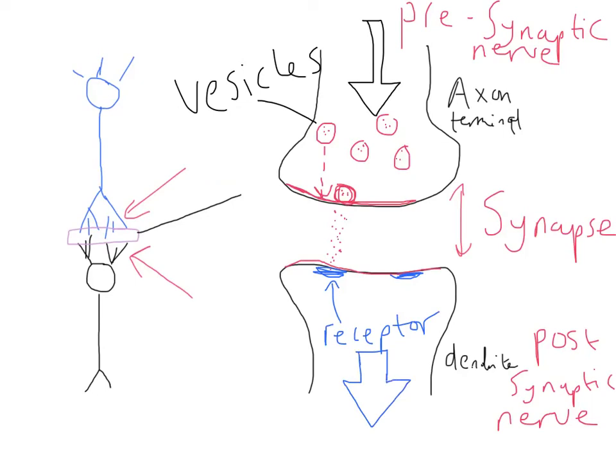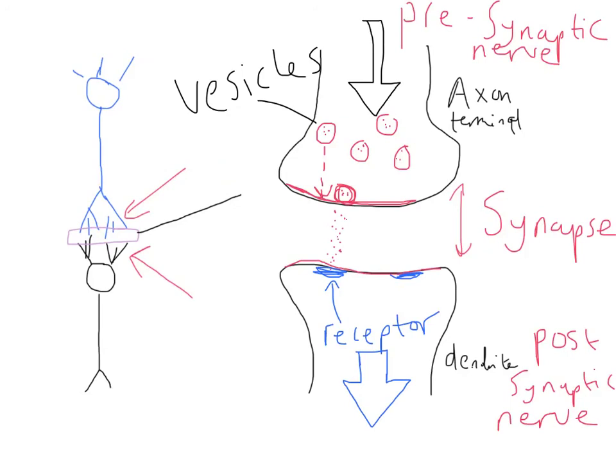and then continue on. So just to recap, the impulse would travel down the presynaptic nerve, so the nerve at the top of the screen, reach the axon terminal. It will cause a vesicle with neurotransmitter to move down and fuse with the membrane, the presynaptic membrane.